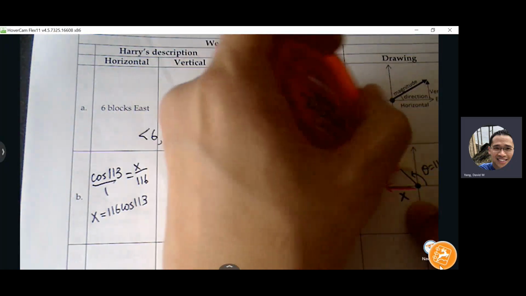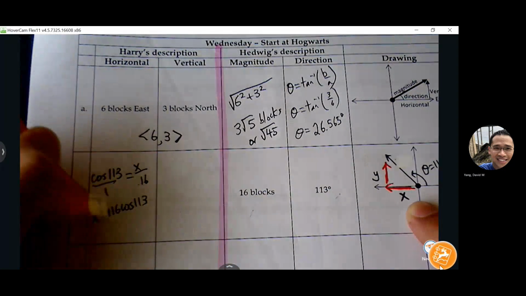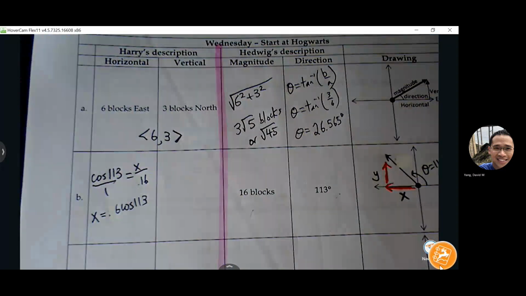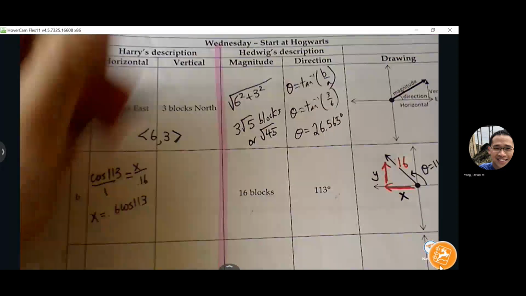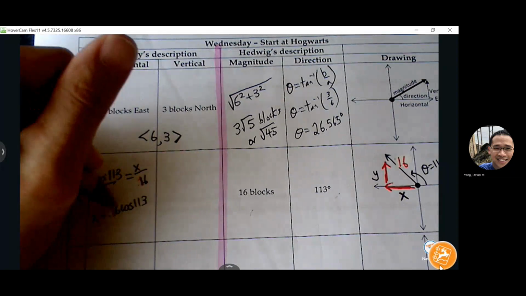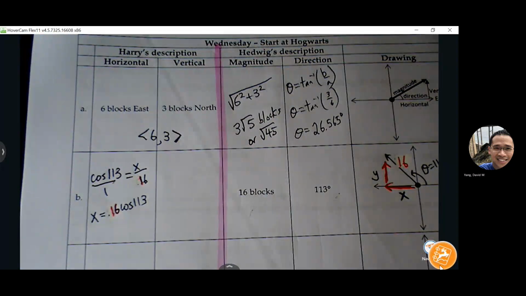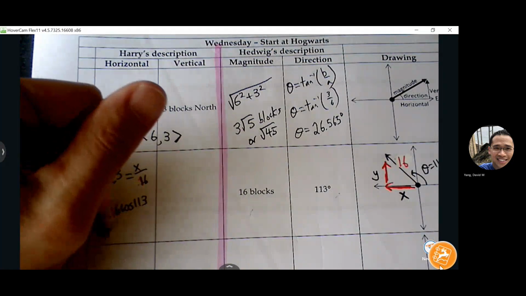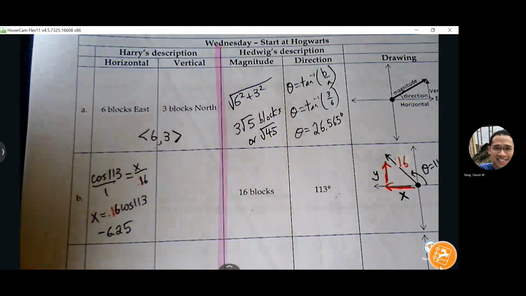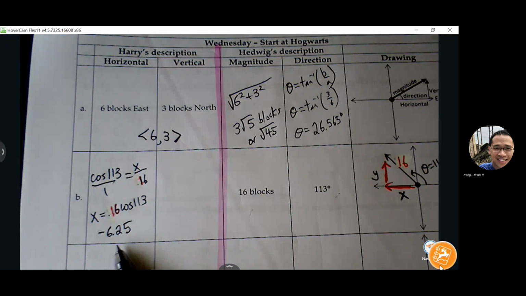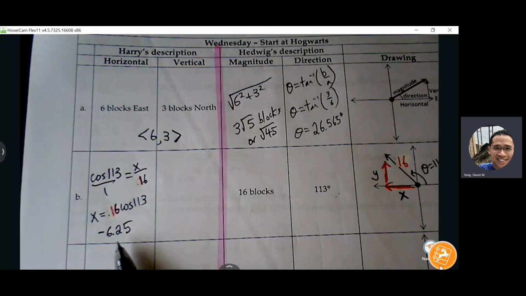I don't know why I put 116 like that. 16. Make sure you're in degree mode. So we know that this is 6 blocks west, right?